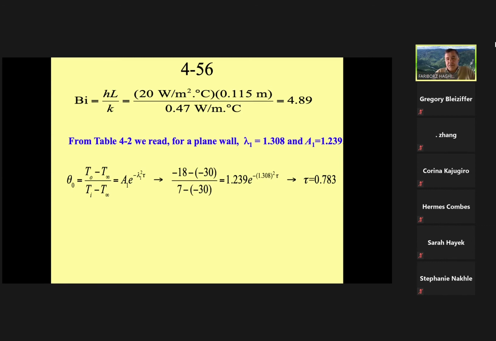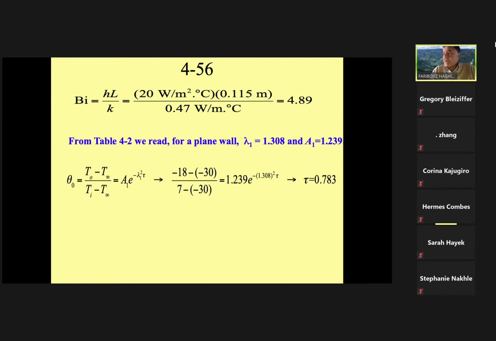On the figure, your y-axis is this tau, the temperature, and you have 1 over Bi number. You have different lines, and from there you can find your tau. Do you want me to show it to you, or are you okay? No, I'm okay. I remember.